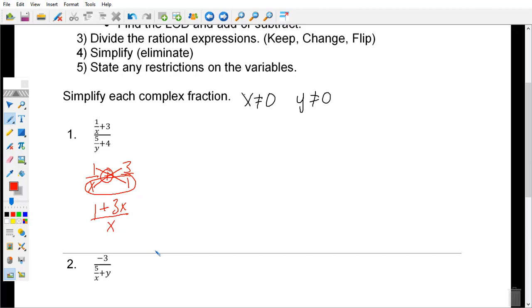There you go. Left to right, you cross multiply left to right. So 1 times 1 plus x times 3, because it was 1 over x. And then x times 1 is? You multiply the denominators.